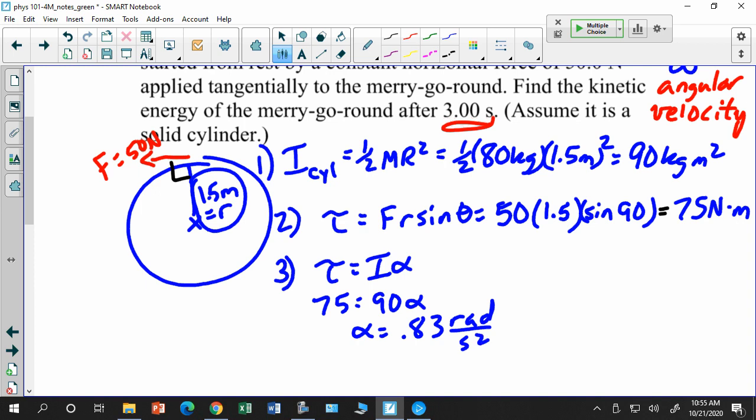Look, you will never go wrong with having your angles in radians. Sometimes I give them to you in revolutions per second or degrees per second. You'll never go wrong converting them to radians. Sometimes you'll go wrong if you don't convert them to radians. So if you're ever uncertain, then just convert them to radians.